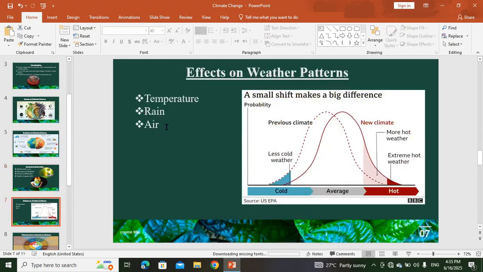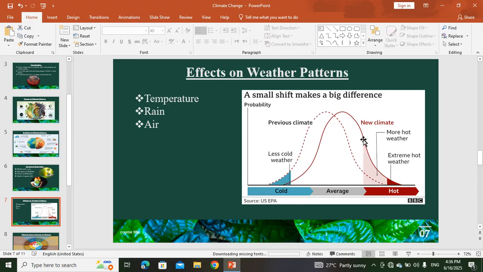Effects on weather pattern. Actually, temperature, rain and air. You can see this graph in the previous climate and the new climate. When climate change occurs, the dotted line shows the previous climate and the red dominant line shows the new climate.